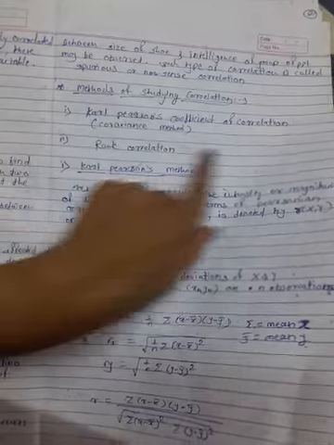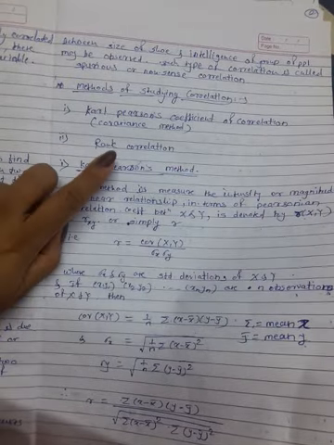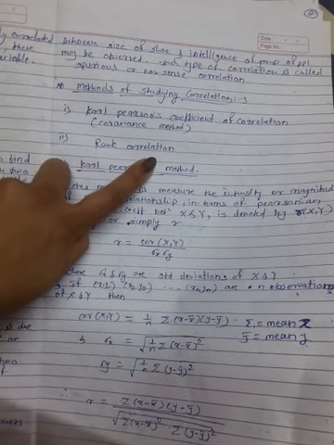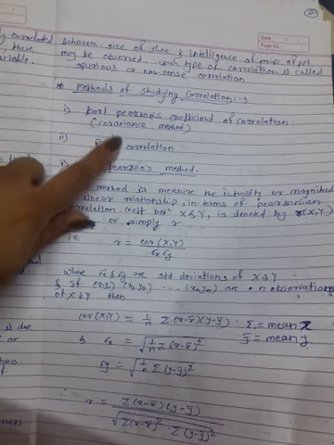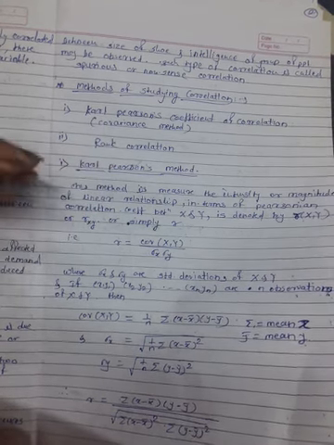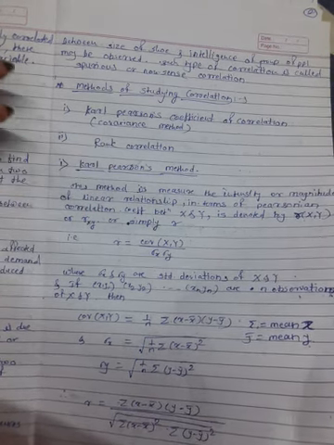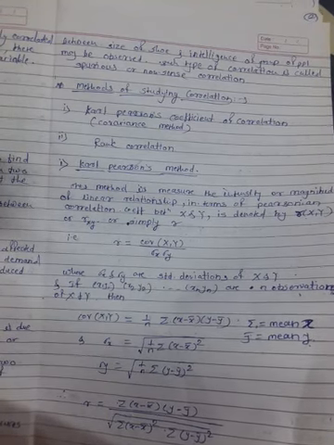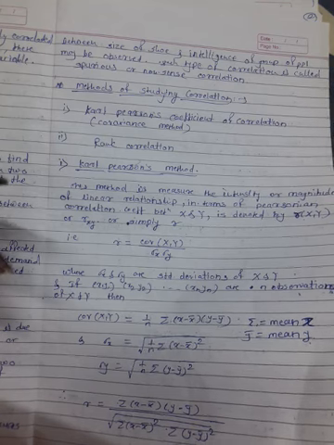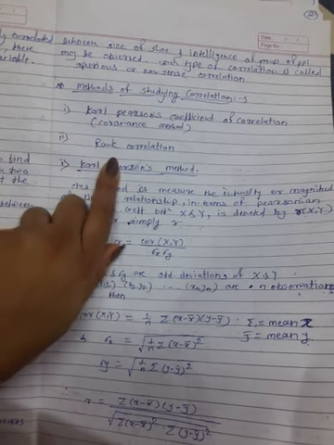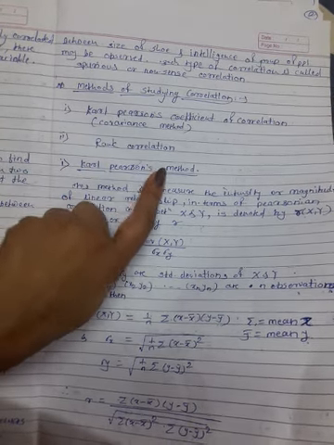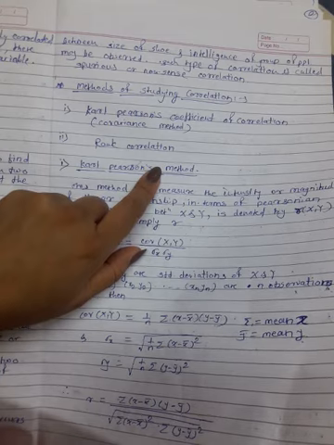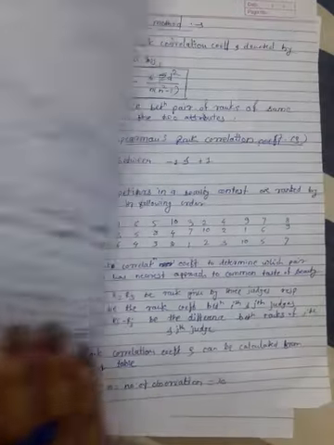Now we have to see rank correlation, where ranks are important. Rank means numbers: first rank, second rank, or merit, third rank, fourth rank, fifth rank. In some examples ranks are important. That's why this method is applicable when ranks are given. Rank correlation.